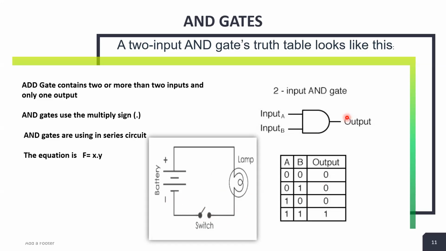In an AND gate, current flows in the circuit only when both inputs are closed, meaning when the value of input A is 1 and the value of input B is 1, then the output will be 1. In the rest of the cases, all are zeros and only this one is 1. Okay?